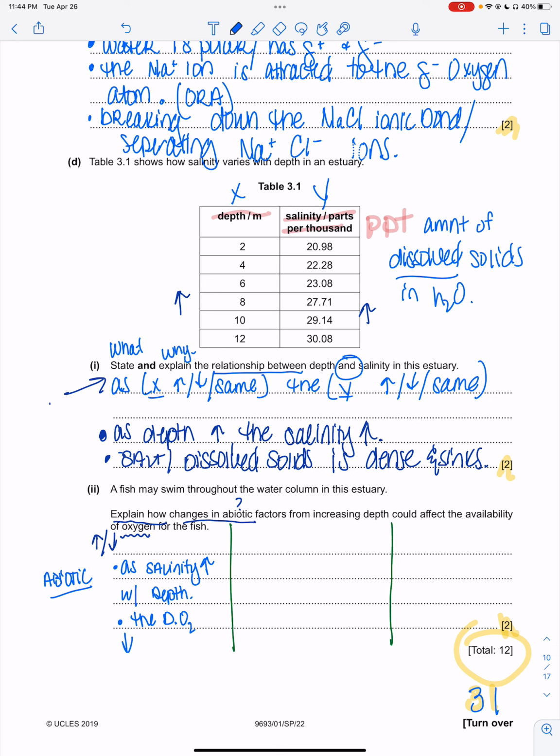And you can put dissolved oxygen as DO with a little 2. And this is just because the more salt there is, the less space there is for gases. Okay, temperature. Your temperature changes with depth.